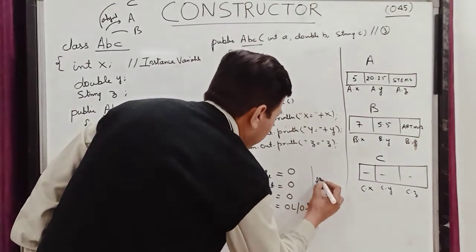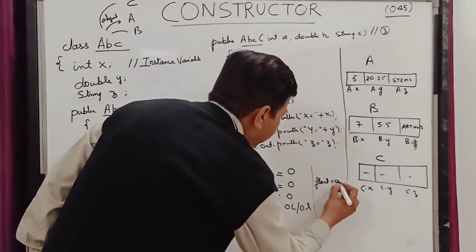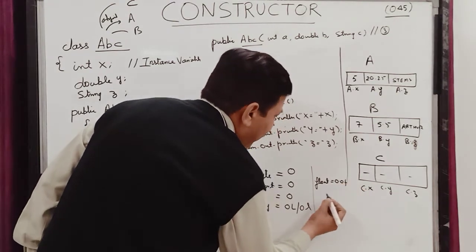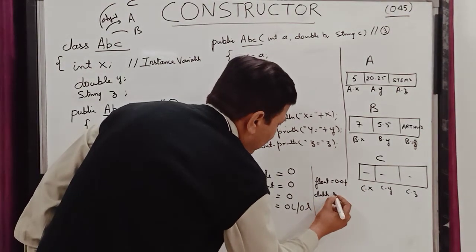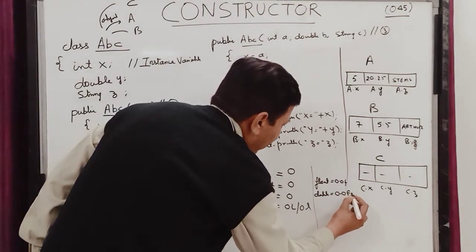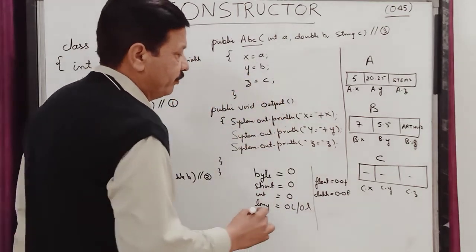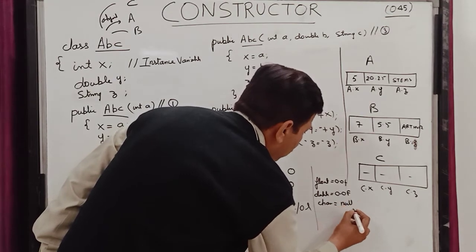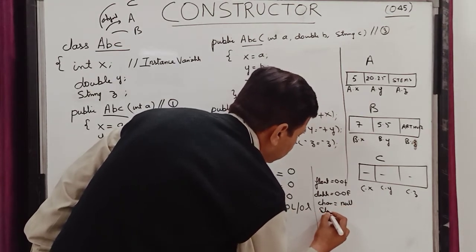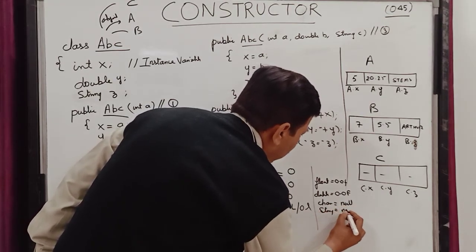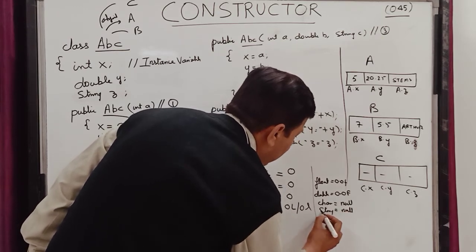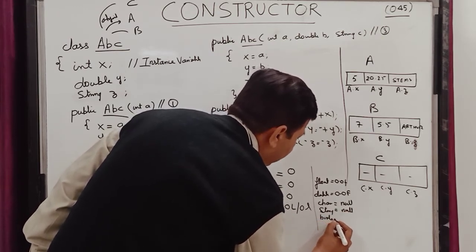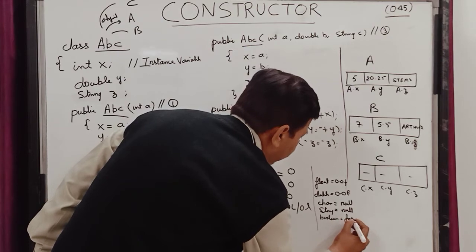For the float data type it is 0.0f or capital F. Then for double it is 0.0d or small d or capital D. Then for character it is null. For string also it is null. And for the Boolean data type it is false.